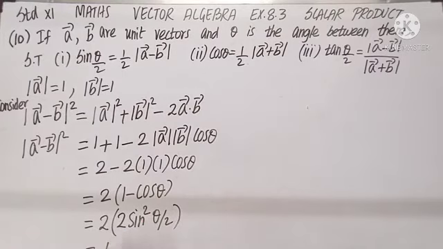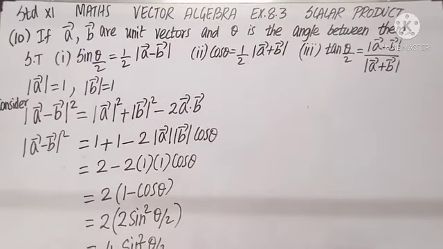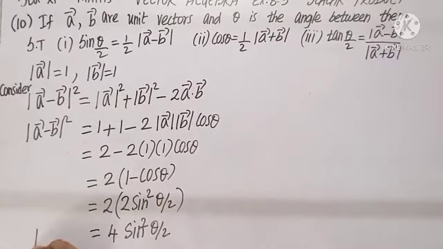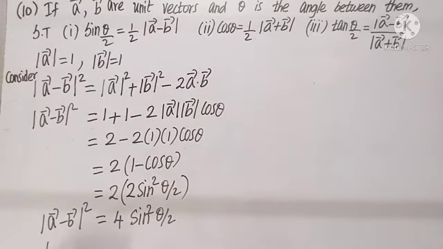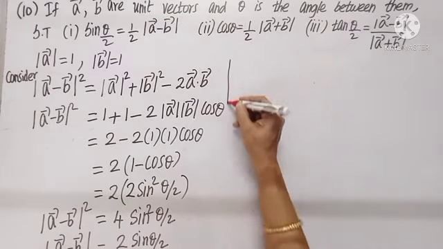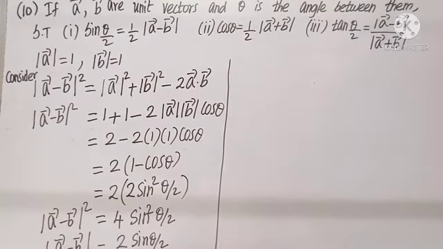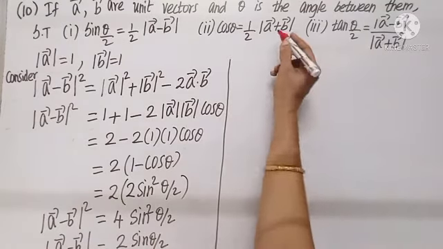As I multiply, 4 sine square theta by 2, which is nothing but mod A minus B the whole square. As I take square root on both the sides, I get mod A minus B equals 2 sine theta by 2. The same argument I can give with the plus symbol.